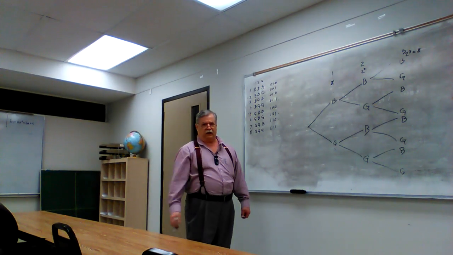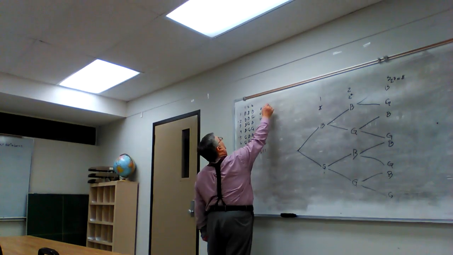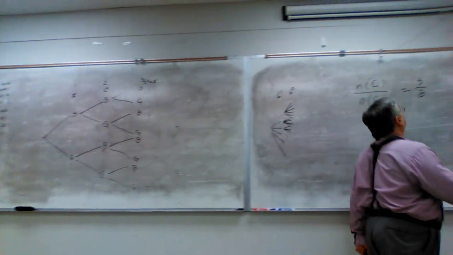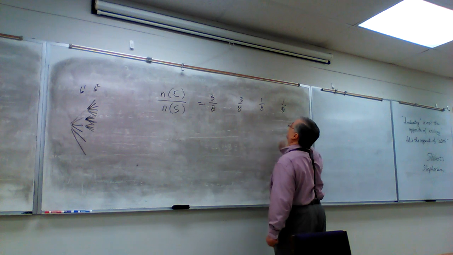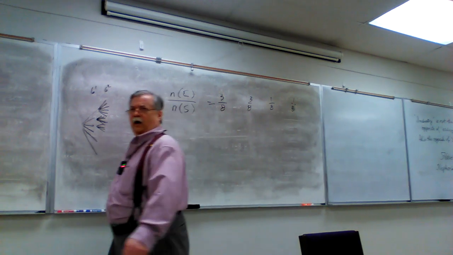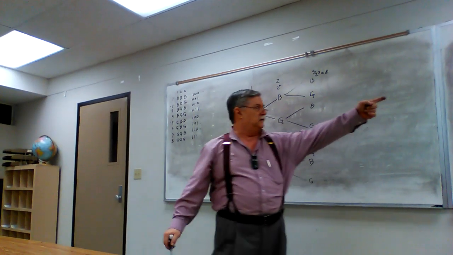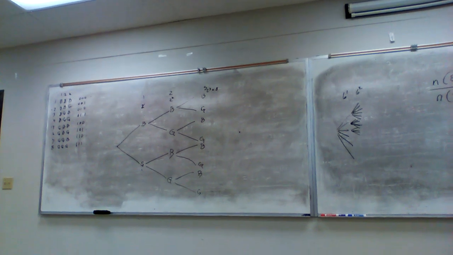What are the other possible outcomes? All boys and all girls. 1 each. What's the sum of all possible outcomes? 8 out of 8. 3 plus 3 is 6, plus 1 is 7, plus 1 is 8.